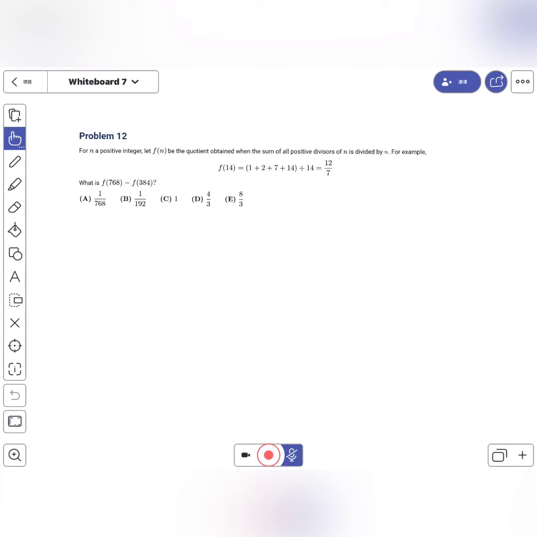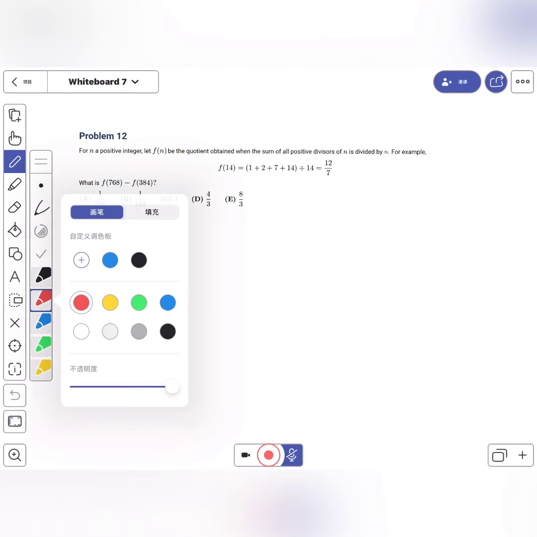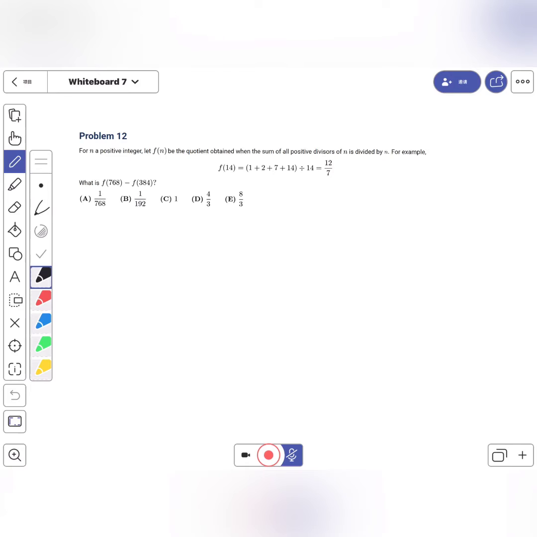The sum of all possible divisors of n is divided by n as shown. What is f of 768 minus f of 384? So first, if we want to find the sum of the positive divisors, first we have to find the prime factorization. 768 is equal to 256 times 3, which is equal to 2 to the 8th power times 3.